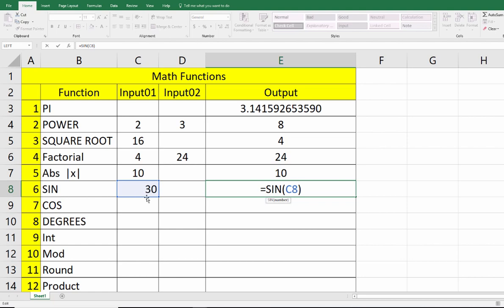For that reason, we have to convert this value to radians first. I'm going to use radians, and open the parenthesis and close the parenthesis. It will take the C8, 30, but it will convert this degree into radians by this radians function. And after that, sinus of 30 in radians will be equal to 0.5.